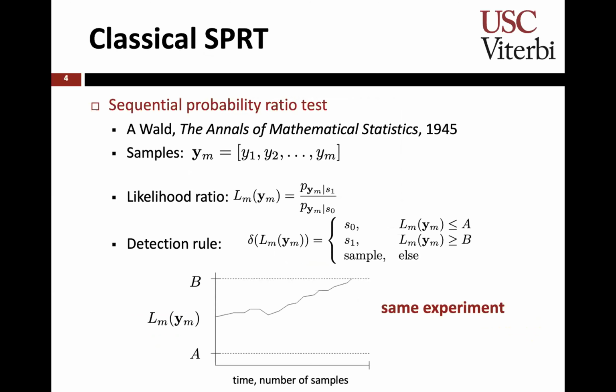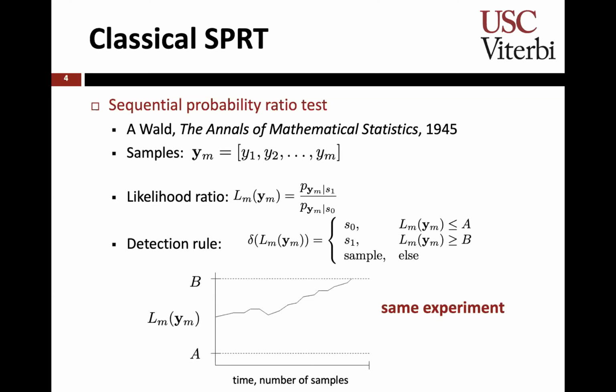I think I can pride myself in having fewer equations than Yannis did, but I do have a few. So how does sequential probability ratio testing work? Let's say I have two hypotheses or two choices that might be true, and the statistics underlying my observations are a function of which one of those hypotheses is the real one.